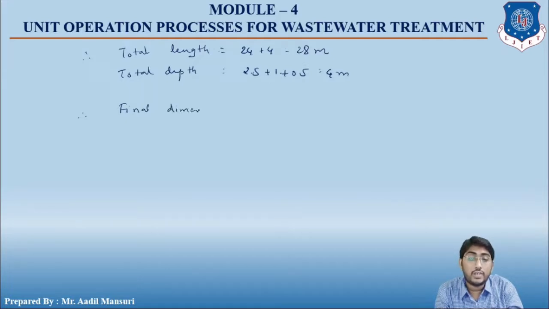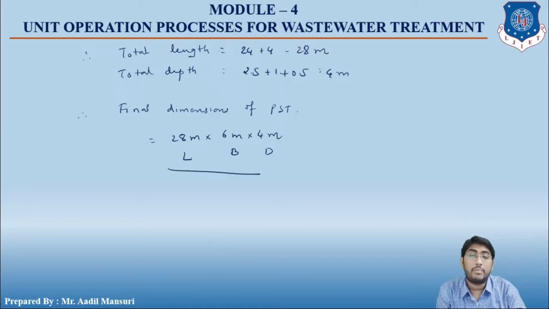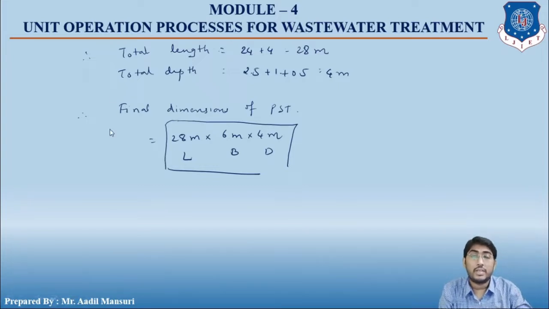Final dimensions of primary sedimentation tank will be equal to 28 meters by 6 meters by 4 meters, where 28 is length, 6 meter width, and 4 meter is depth. Clear, students? So this is how primary sedimentation tank is designed. Okay.